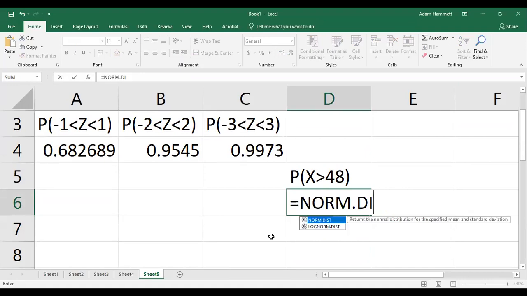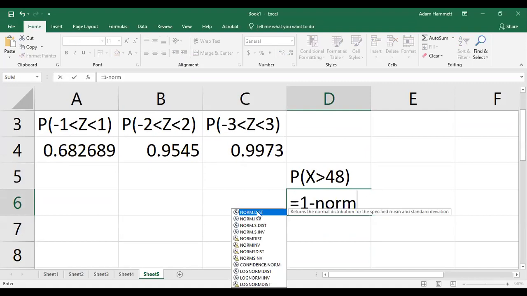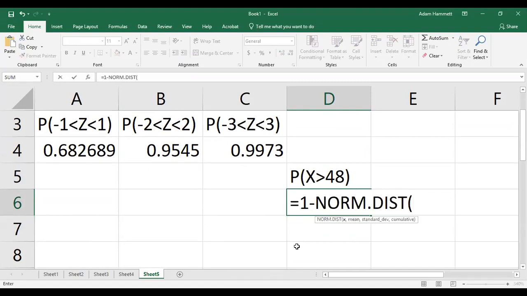If I want to use this, I need to go 1 minus the normal distribution, because it's 1 minus the probability that x is less than 48. So it's normal distribution, x is 48, the mean is 46.8, the standard deviation is 1.75, and I want it to be cumulative.